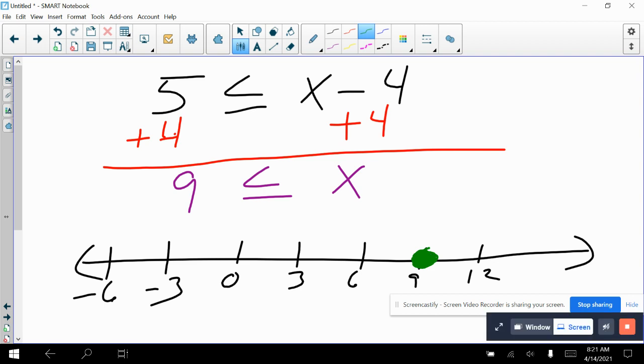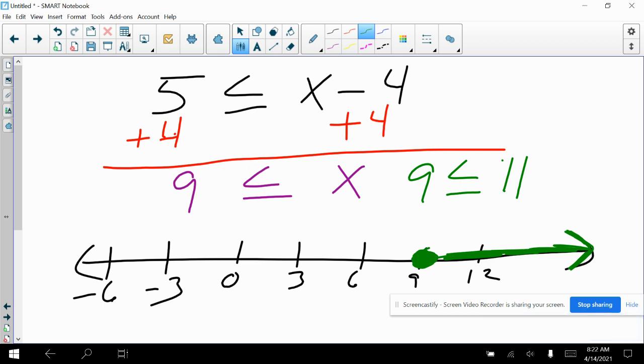X is greater than or equal to 9, that's got to go to the right. And again, the quick check: plug in a number. We got 9, we'll pick 11. Michael likes those odd numbers in between, nothing wrong with that. 9 is less than or equal to 11. That is correct. That means you went in the right direction.